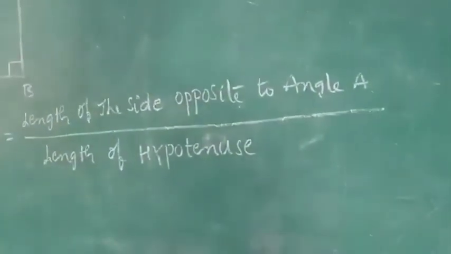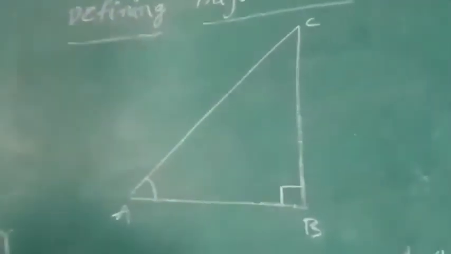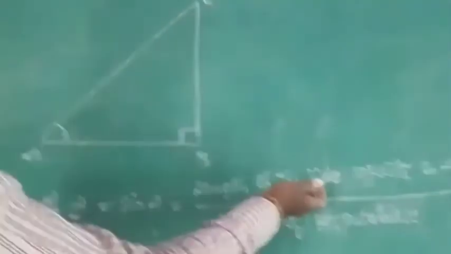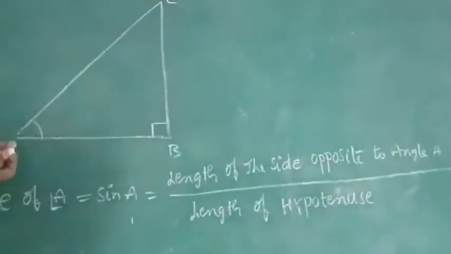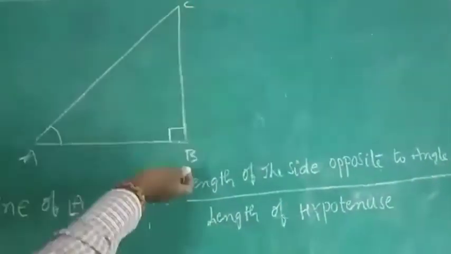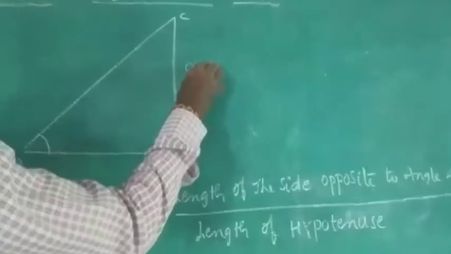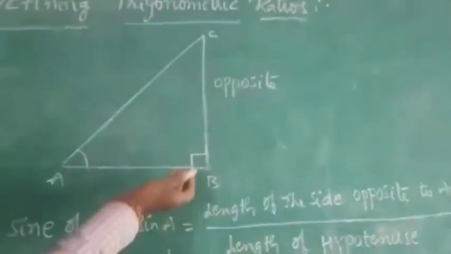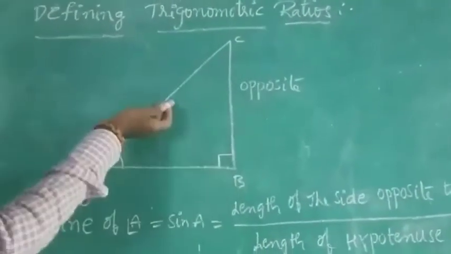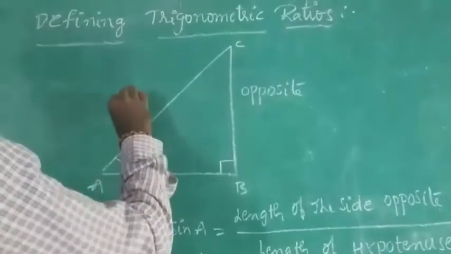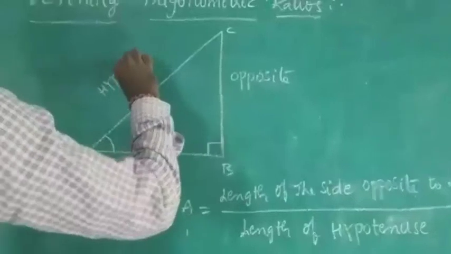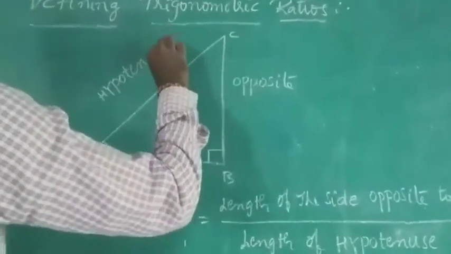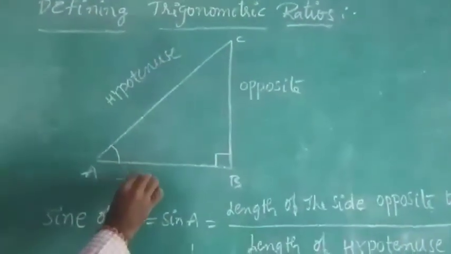See this? So very clearly you concentrate on the diagram. What is the side? Length of the opposite side to angle A. For angle A, the opposite is this only, right? As a simple shortcut I am writing, opposite. 90 degrees. This is called hypotenuse.